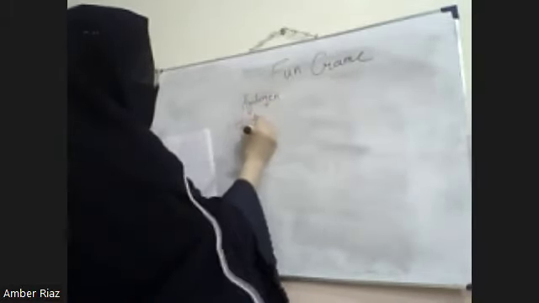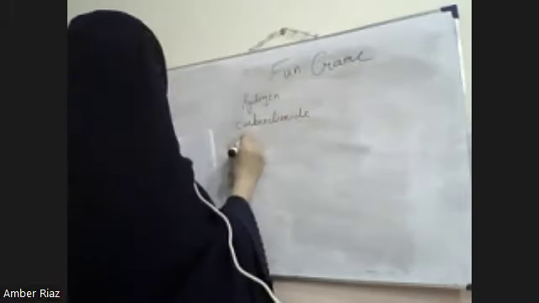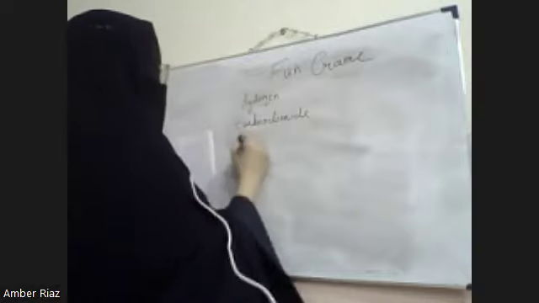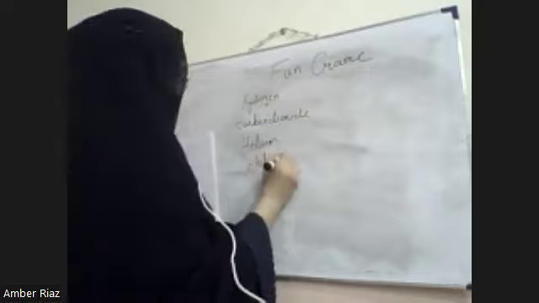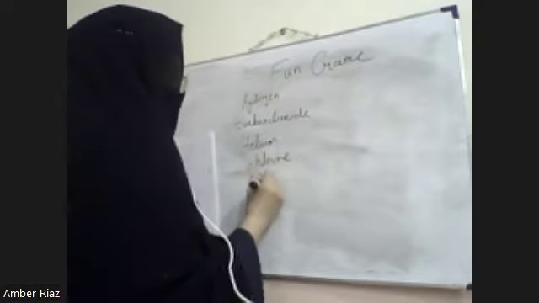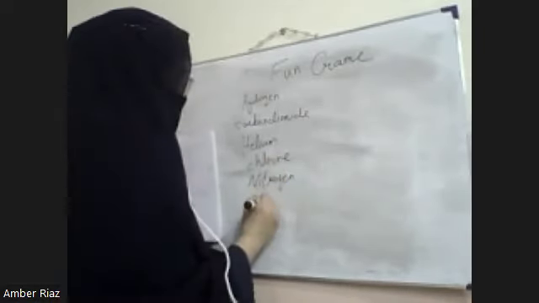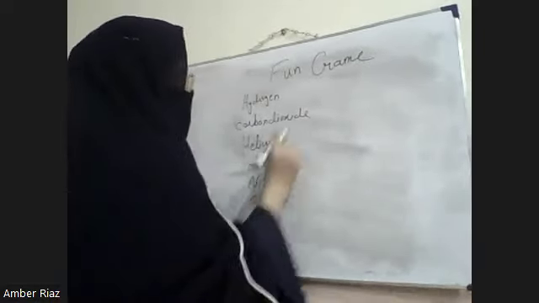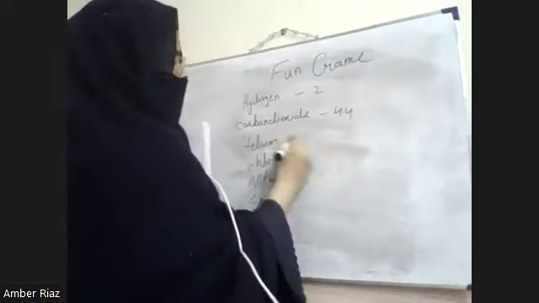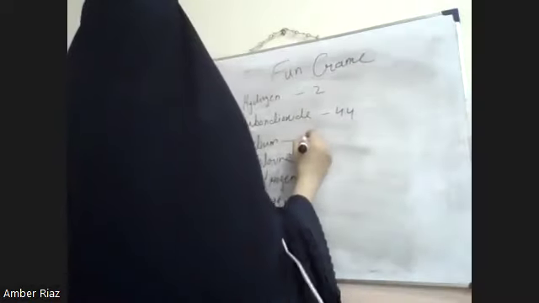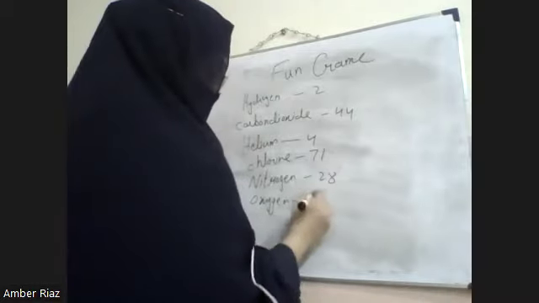Hydrogen, carbon dioxide, helium, chlorine, nitrogen, oxygen. Right. Okay. I'm writing their molecular weights: hydrogen 2, carbon dioxide 44, helium 4, chlorine 71, nitrogen 28, oxygen 32.